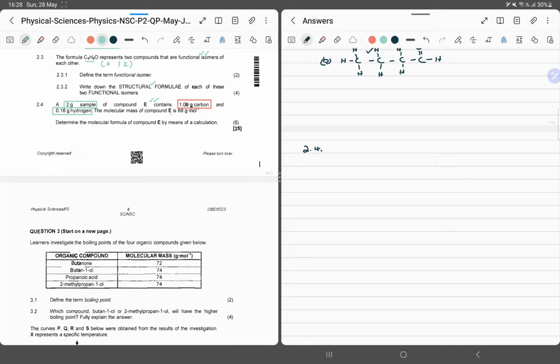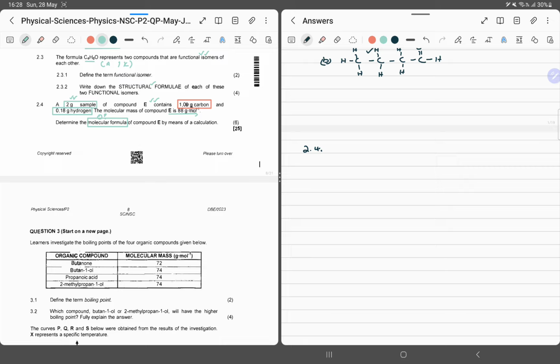And the molecular mass of 88 grams per mole. Okay, so what's missing here is oxygen. How many grams? Of course, we will follow the sample that they gave us, so that mass should help us find that of the oxygen. Then it says determine the molecular formula of compound E by means of a calculation.